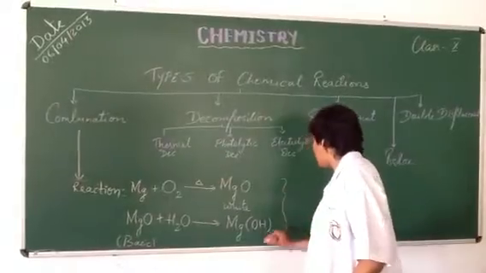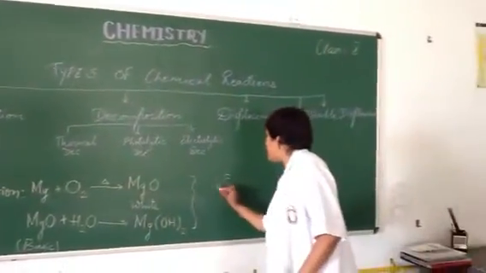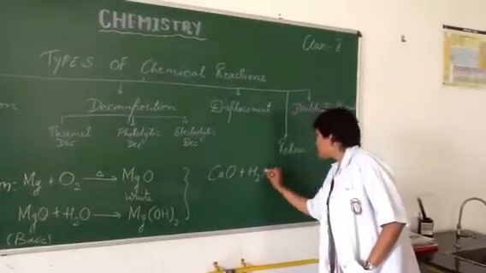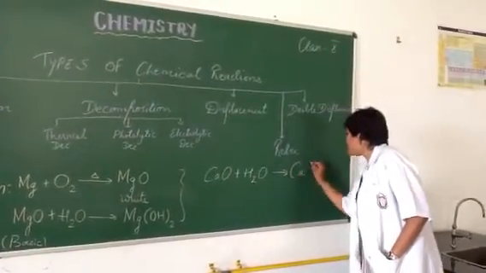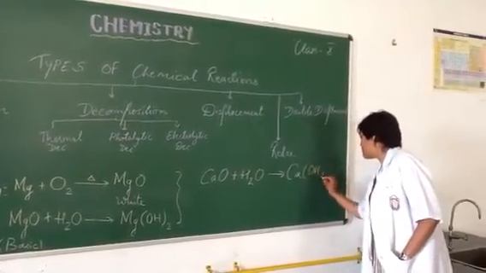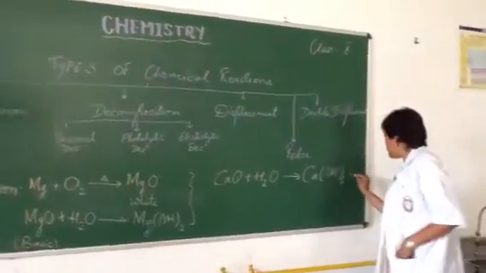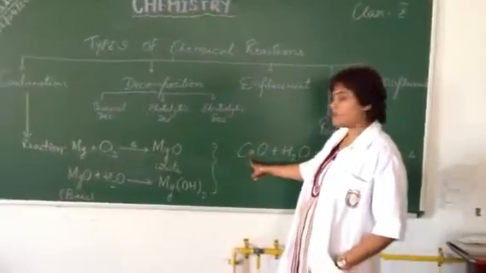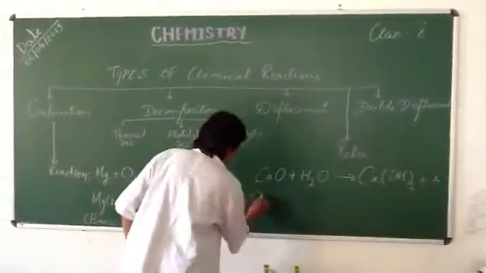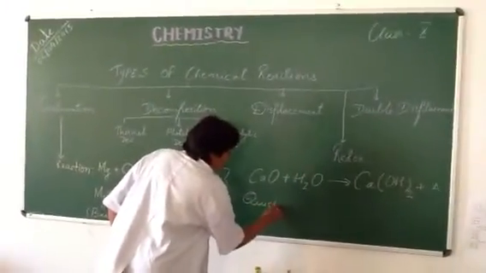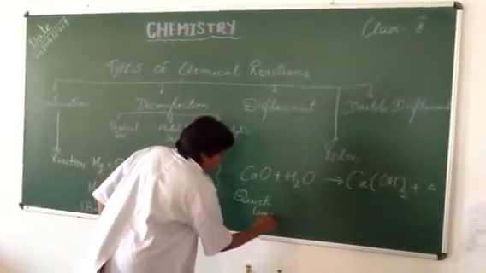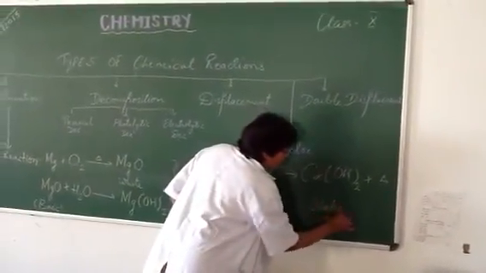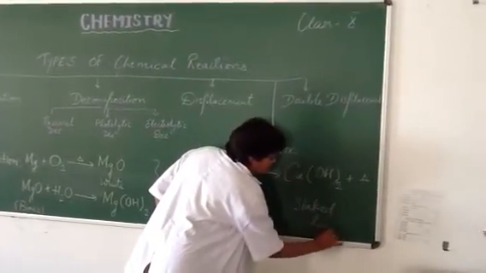In the other demo, we have seen quicklime, CaO, when dissolved in water, forms calcium hydroxide with the evolution of heat. So here calcium oxide, quicklime, forms slaked lime when it is dissolved in water.